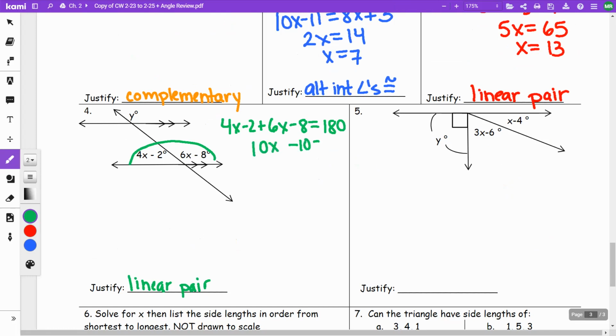Then when I solve this, I'm going to have 10x is equal to 190, so x is equal to 19. Now, I need to find y. Y is going to be the same as the 6x minus 18 because they're corresponding.